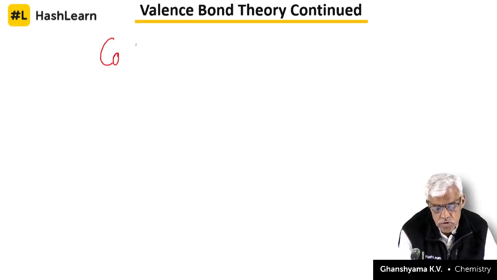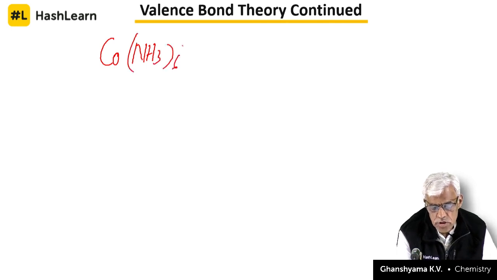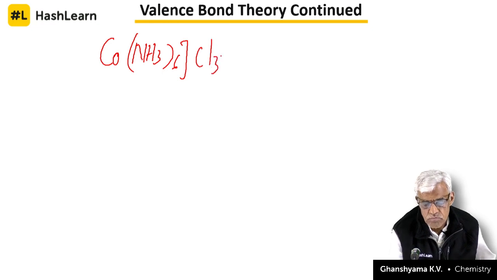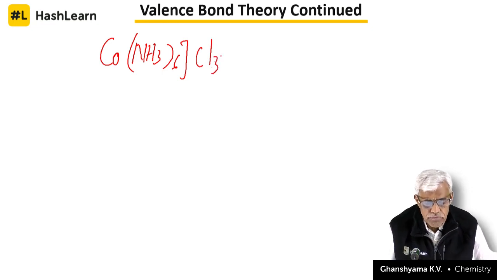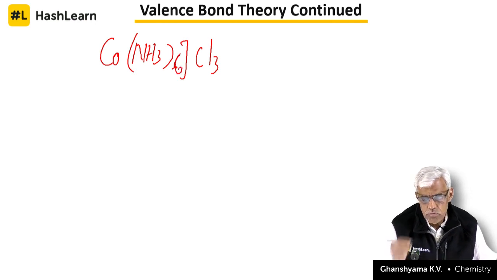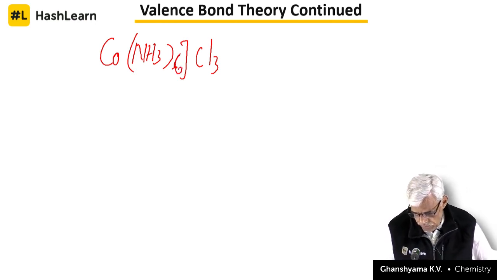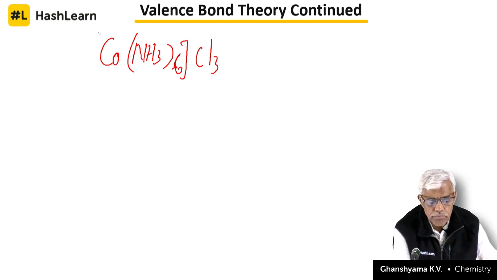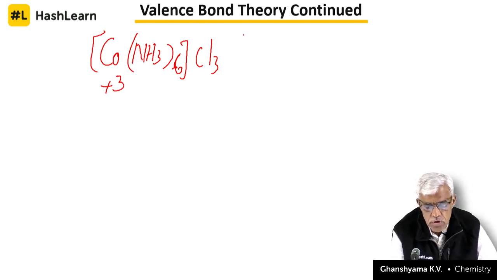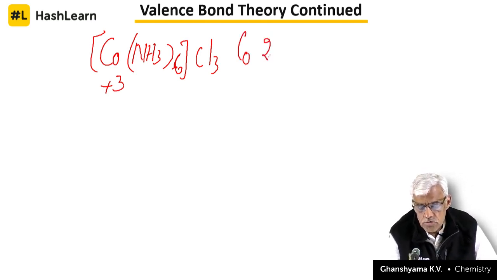Consider [Co(NH3)6]Cl3 or [Co(NH3)6]3+. Here the oxidation state of cobalt is +3 and cobalt has got the atomic number of 27.